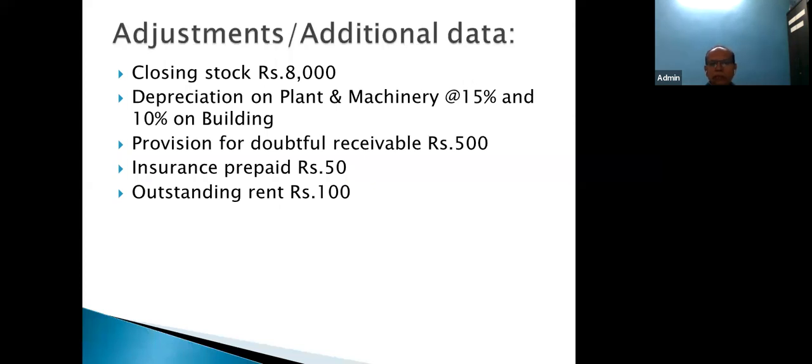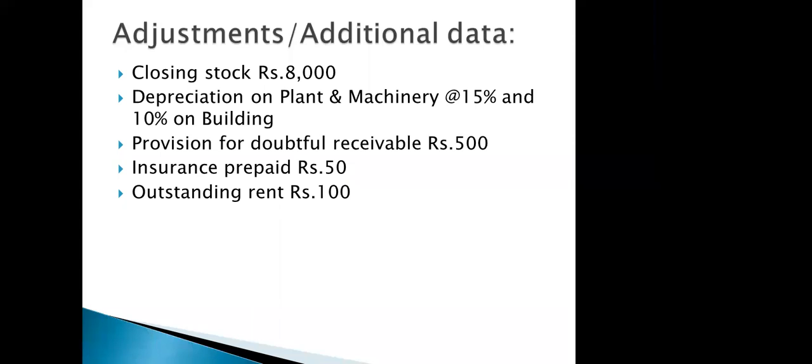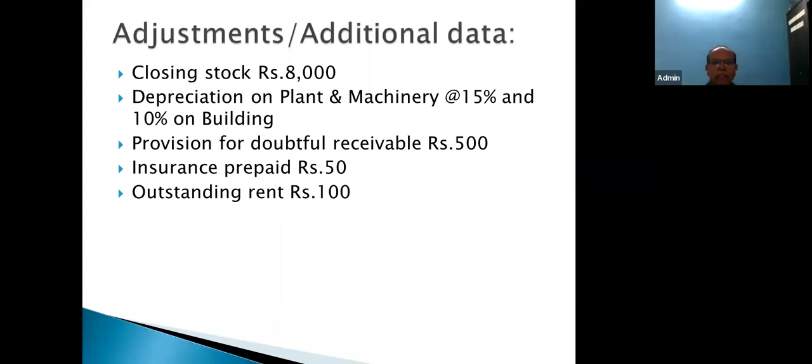What is the title? Adjustment or additional data. Either there will be a word like additional data or adjustment. It is one and the same thing. So purposely I am writing both the words so that during examination, let them use any word, but you should make sense out of that. So this additional data is nothing but the adjustment.